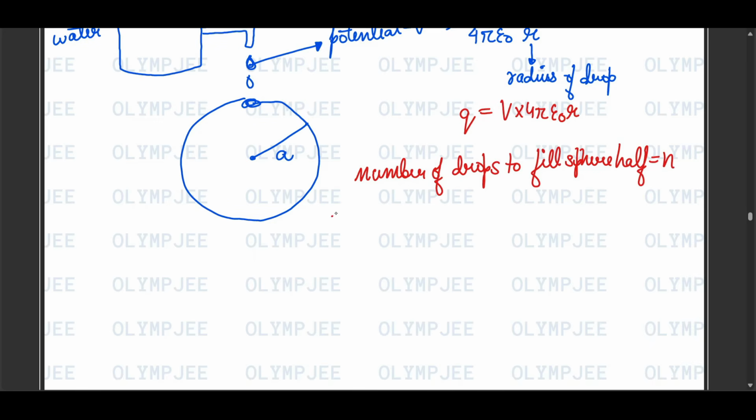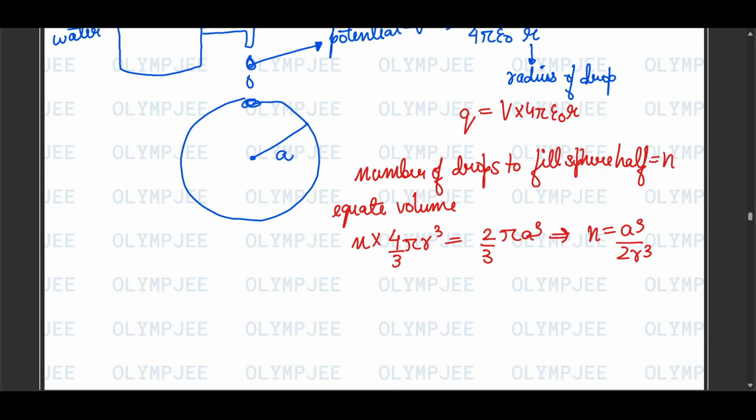So we can equate volume: n into 4 by 3 pi r cube is equal to 2 by 3 pi a cube. This is the volume of half sphere. So this will give us a relation between a and r, that n is equal to a cube by 2r cube.